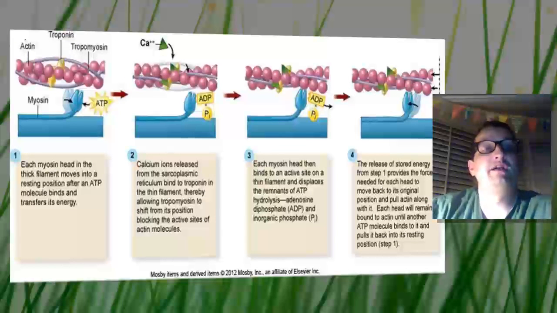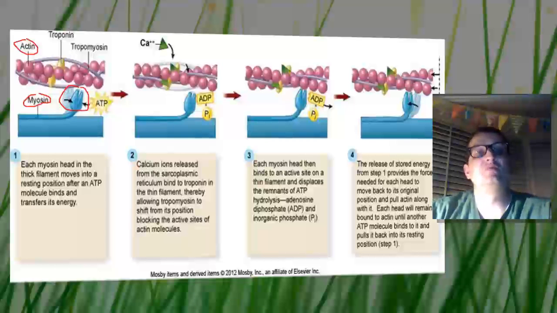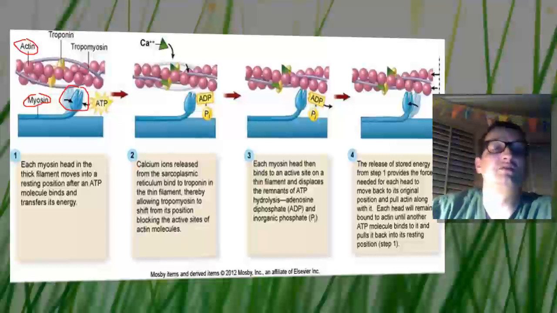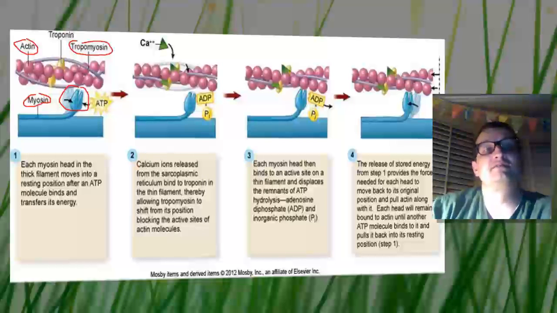So here we have actin and myosin, and you see these little golf club sort of ends on the myosin, which are the myosin heads, and this is the sliding filament theory. So what happens in step one, we also have tropomyosin, and what these are doing is blocking the actin from connecting to the myosin.